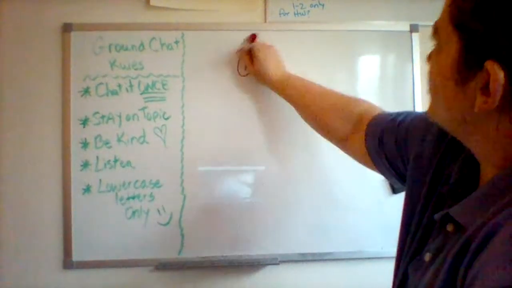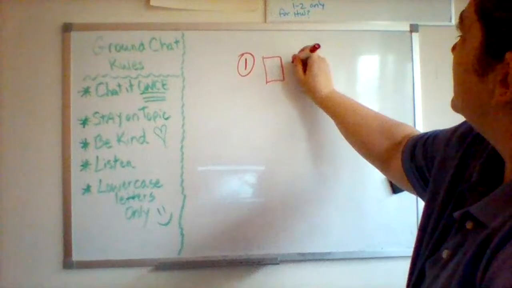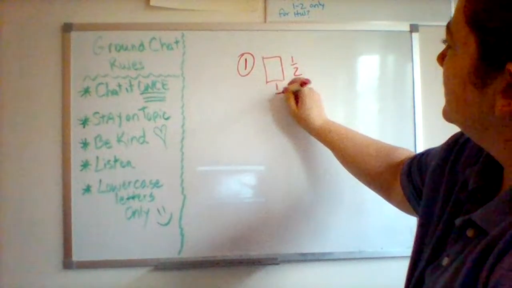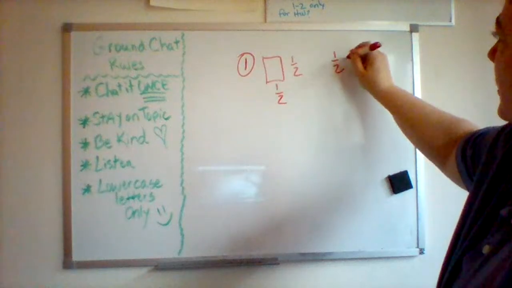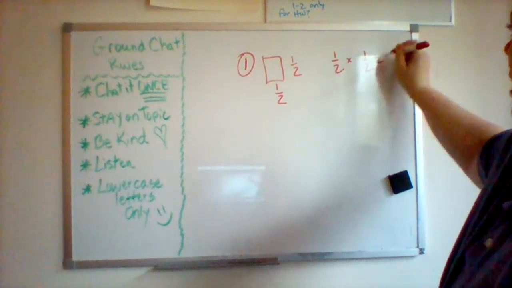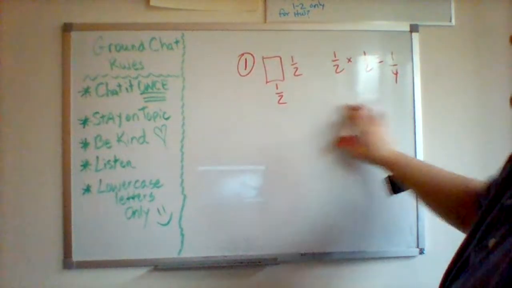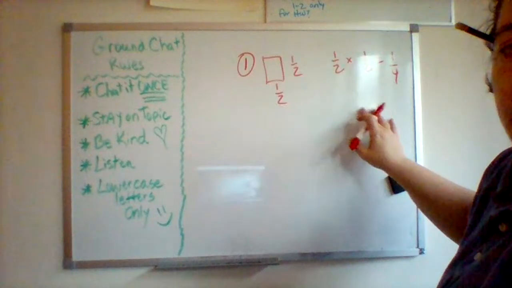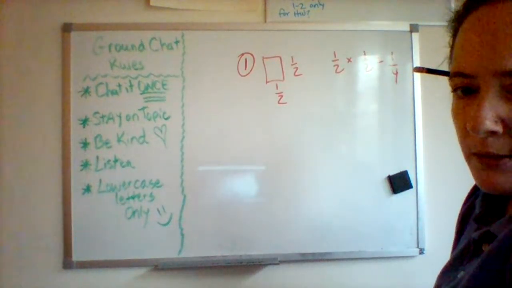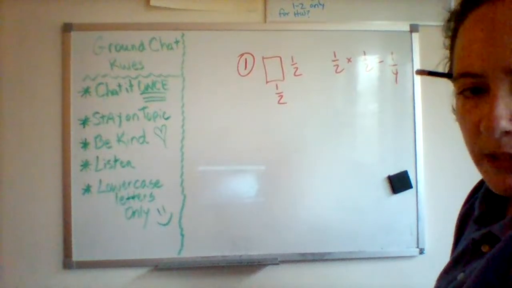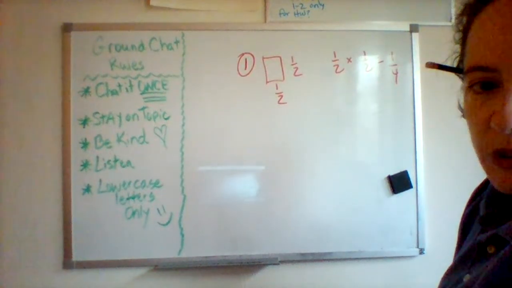All right, so for the first one, Thais said she did a half by a half, and she got a quarter. So I basically would like to know now if you, okay, Camila agrees. Thank you, guys. Oh, there's a glare again.